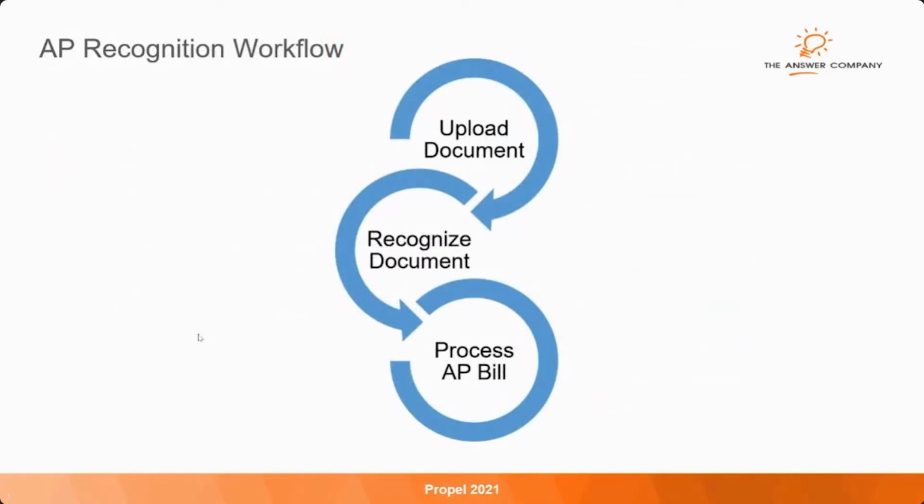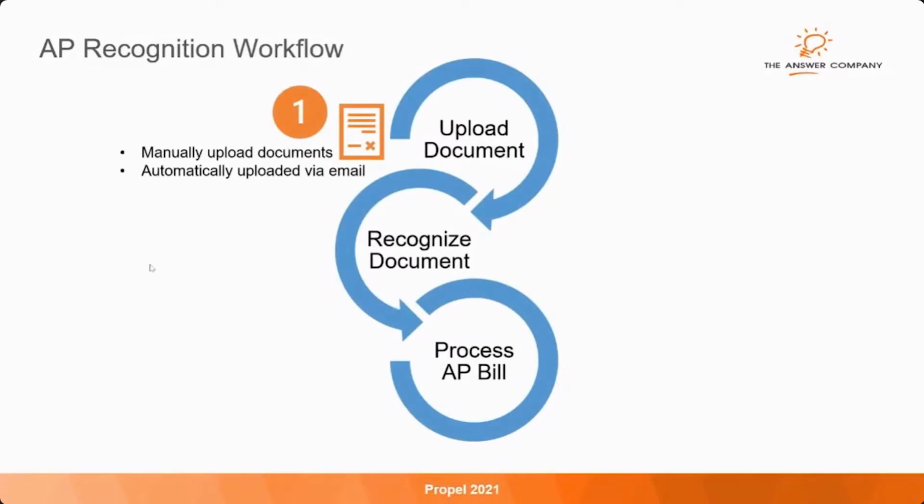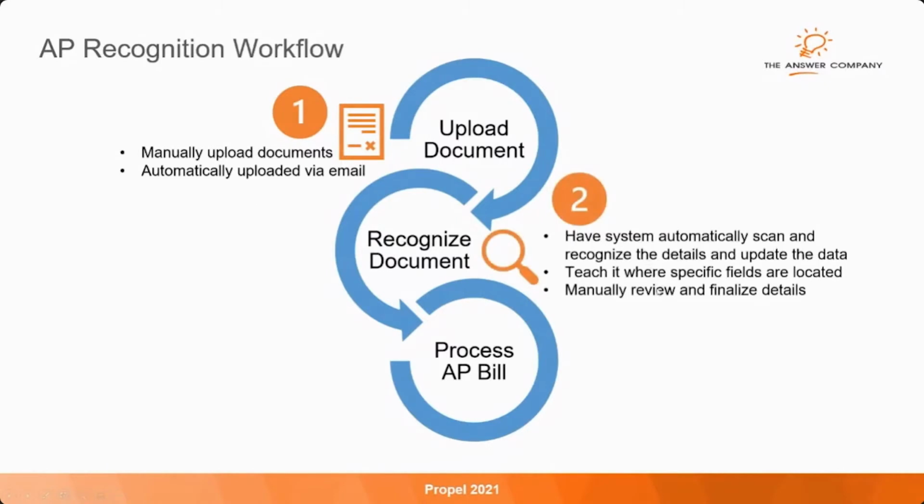So just an overview of the workflow. Step one is to get those documents into the system, either by manually dragging and dropping, bringing them into the system, or by any emails that are coming into the system with a PDF document attached to it. The second step is to recognize the document.